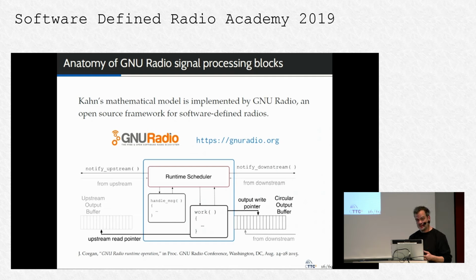You have an input buffer which you read samples from. You have a work method which actually does all the signal processing, and you write your output in an output memory buffer, which will be the input buffer of the next block. So this is how you chain blocks together in GNU Radio.